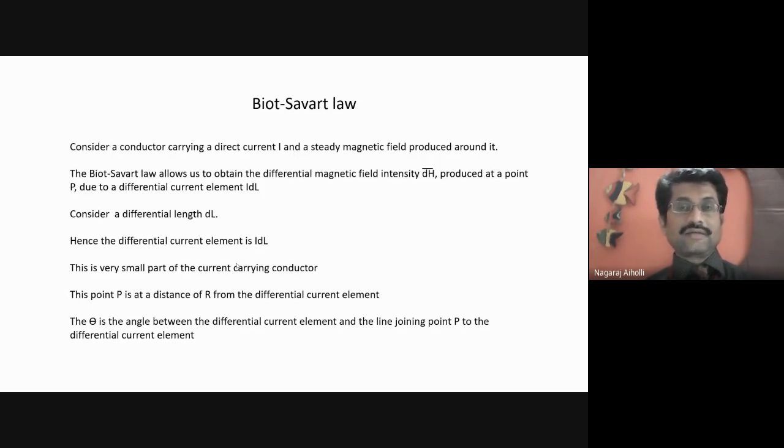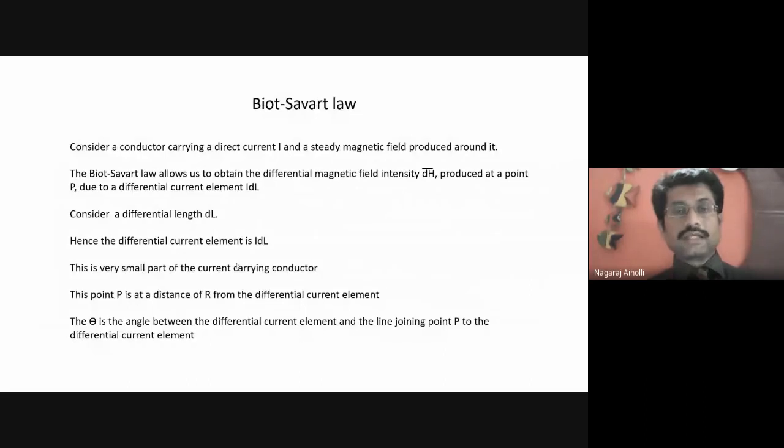Alternating current is varying, fluctuating. DC current is constant current. As the direct current is constant, the magnetic field produced by the direct current is also constant.